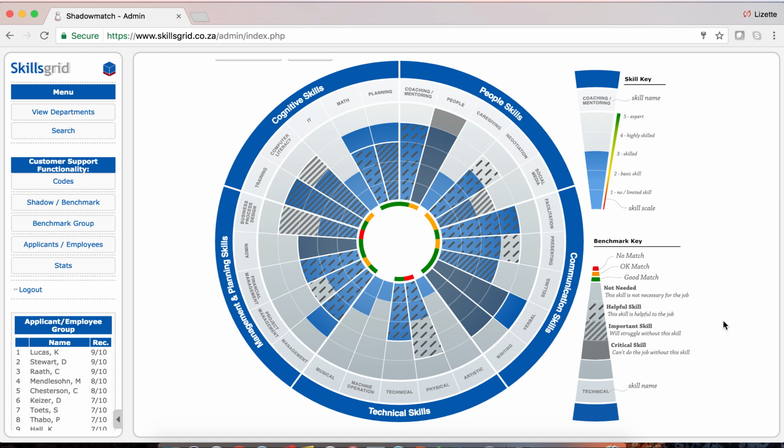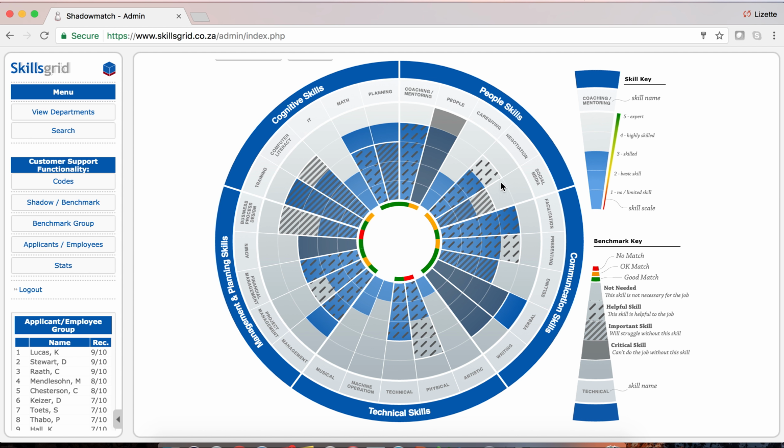So Chip's results indicated in blue. We can now see how Chip measures against this benchmark, and by means of orange, red and green indicators, we can interpret the match. Keep in mind your skill key and keep in mind your benchmark key.